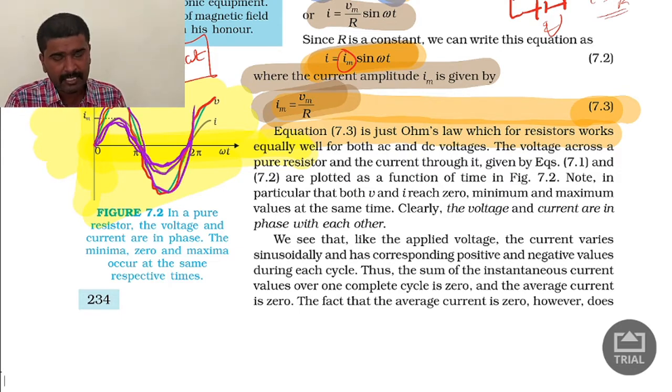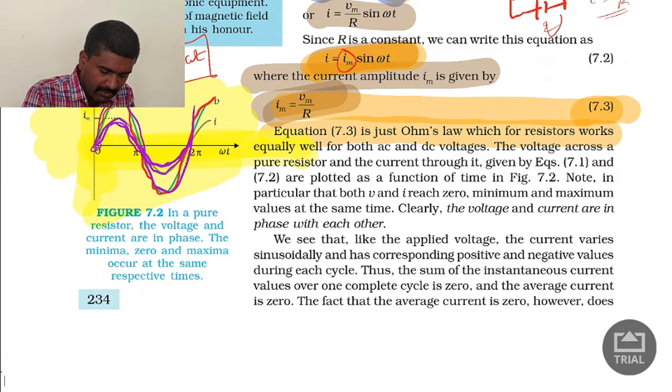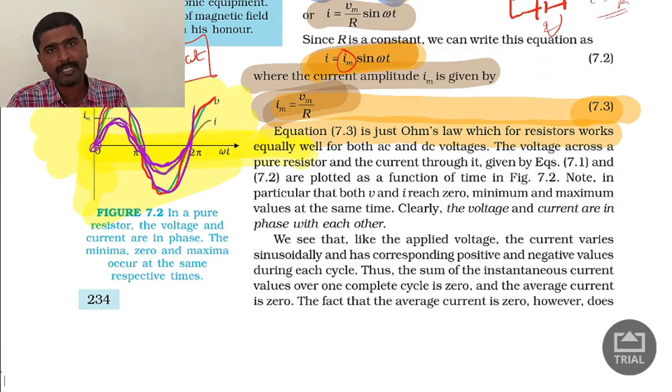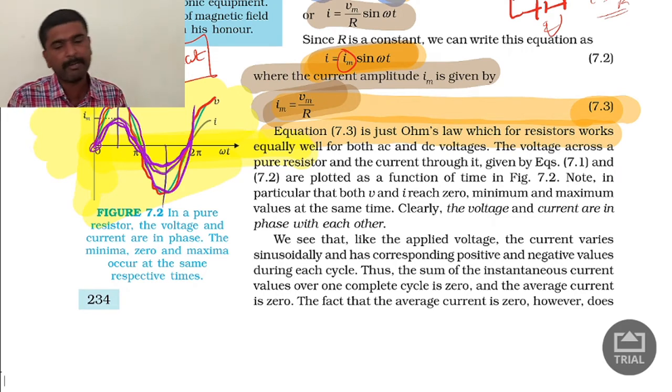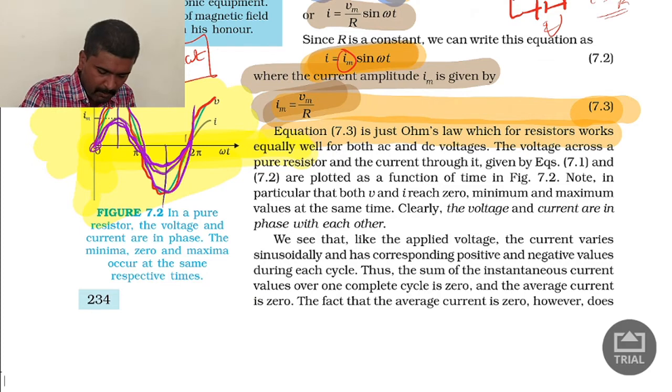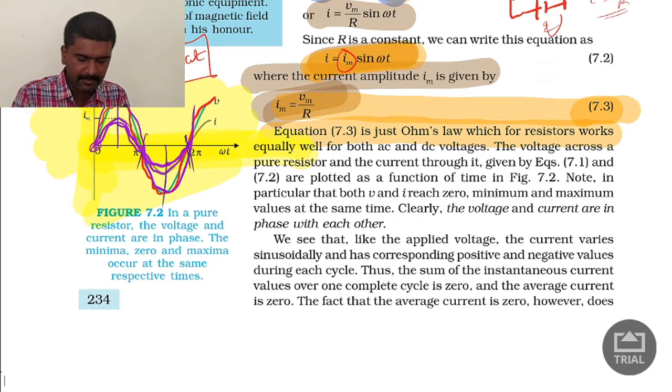Now clearly from here you can say, whenever voltage is 0, current will also be 0. Whenever voltage is maximum, current is also maximum. When voltage is minimum, current is also minimum. So the current also varies sinusoidally and has corresponding positive and negative values during each cycle.